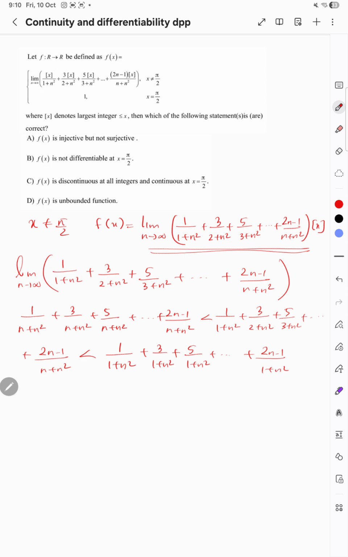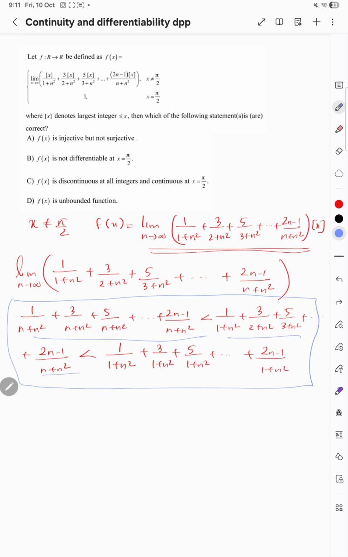Now this expression will be larger than our required expression. Why? Because this expression's denominators are smaller than the denominators of our required expression. So I hope you understood this inequality. This is the inequality.